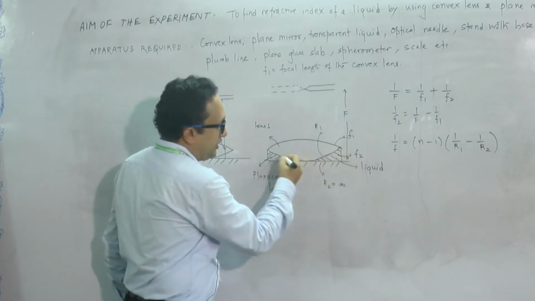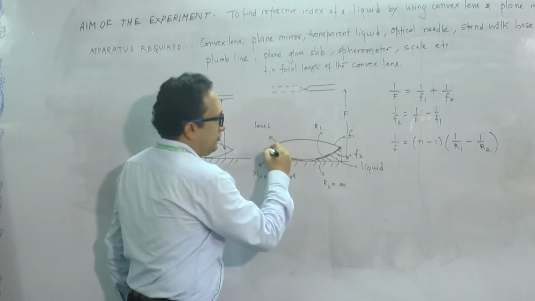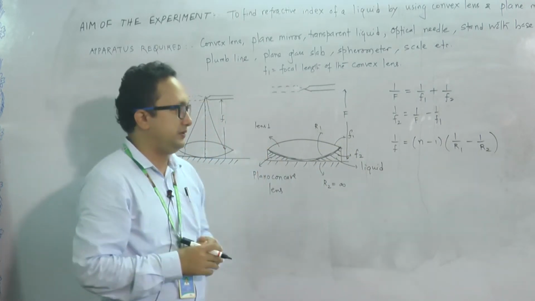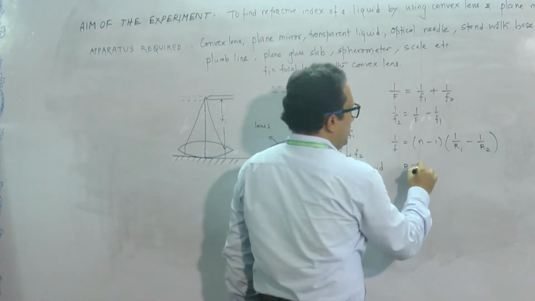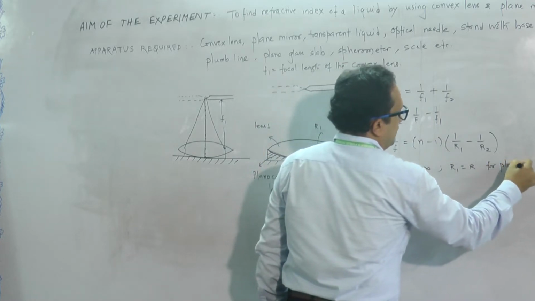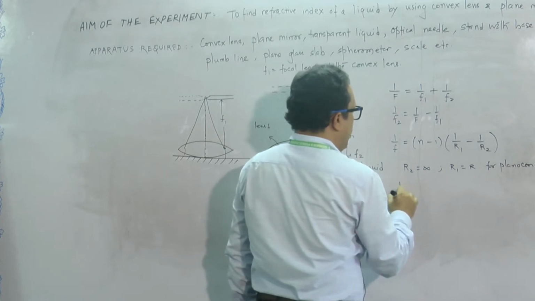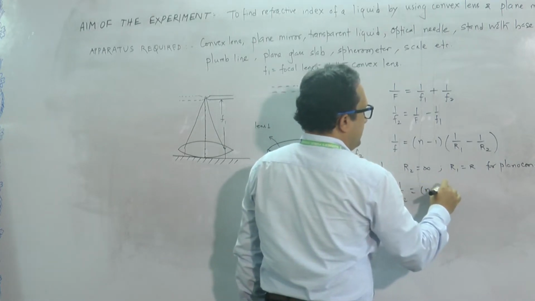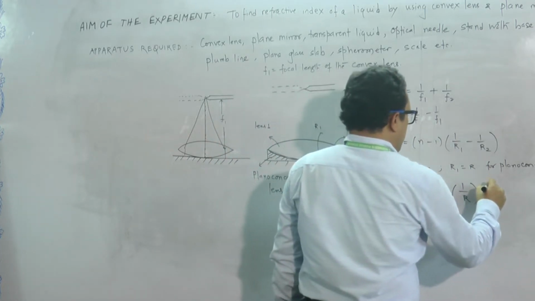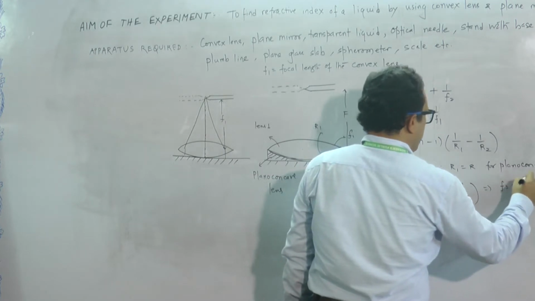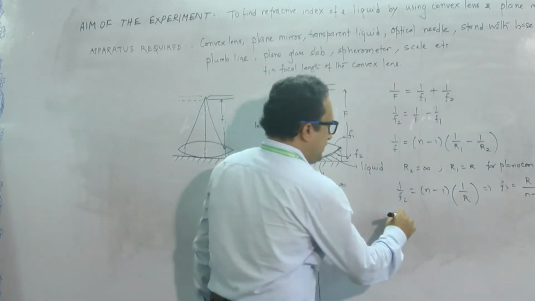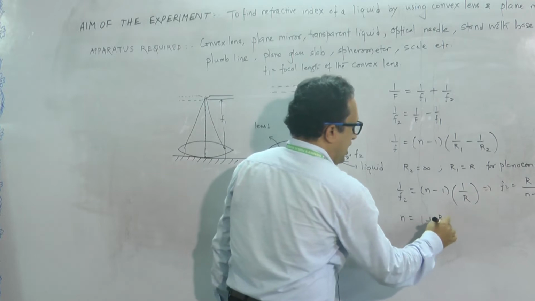Only I should consider this curvature, but this curvature is the same as the radius of curvature of the lens, which can be determined by using what? The spherometer. So r2 is equal to infinity and r1 is equal to r for the plano-concave lens. So 1/f2 can now be written as (n minus 1) into 1/r, or I can write f2 is r divided by (n minus 1), or n can now be determined as 1 plus r by f2.